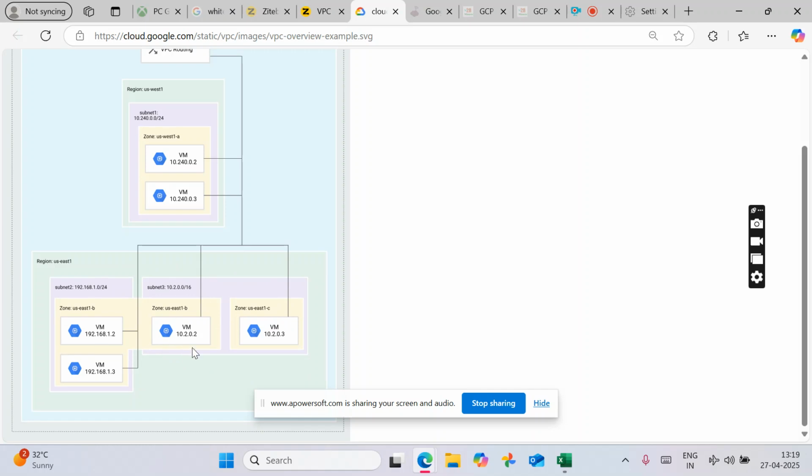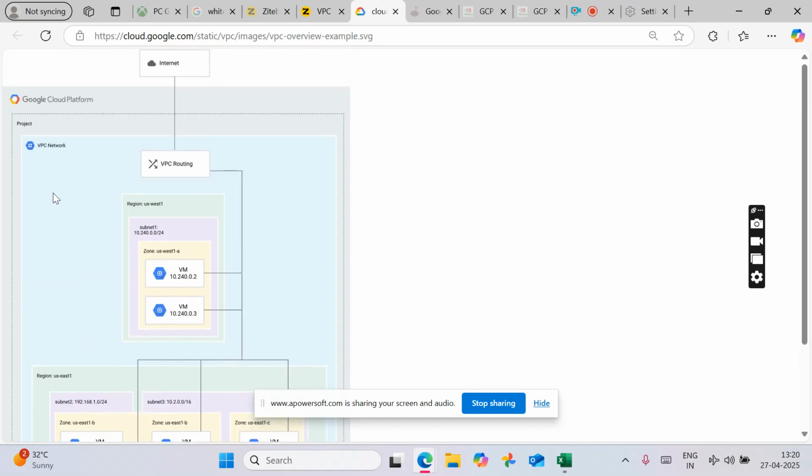If you consider this one, the particular zone C, although it's part of subnet 2, and you can see zone B, which is also present in subnet C. This subnet C is individual, and these two subnets can be shared across multiple subnets. You can see this subnet and subnet 3. In the same way, you can see VPC.